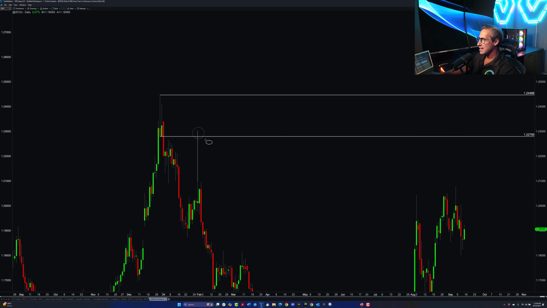Well, then it would be a violation of that zone, and it would be not fresh anymore. Or if price just came very close to that, but never touched that zone, like this, it's not a violation because it has never touched this zone, so it's still fresh.